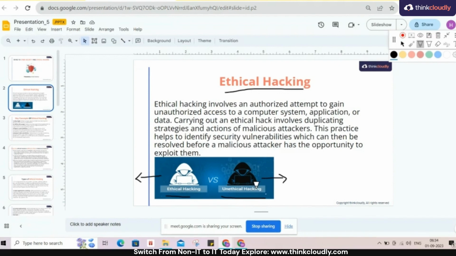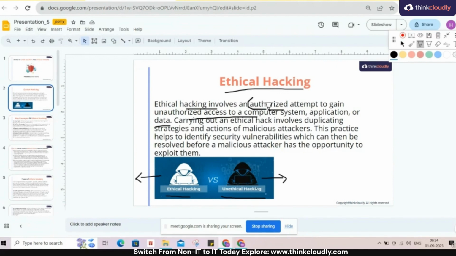Now we will go through the definition. Ethical hacking involves an authorized attempt to gain unauthorized access to a computer system, application, or data. As I mentioned, they follow the same procedures and methods as the unethical hacker, but they have permission to do all this activity.